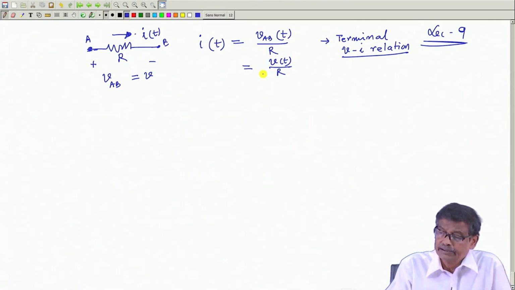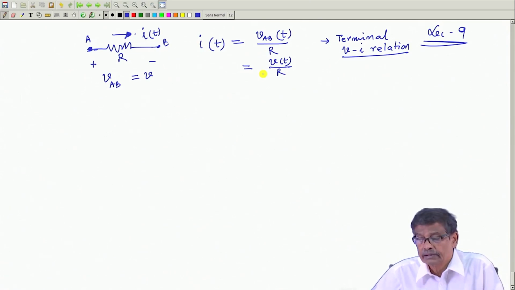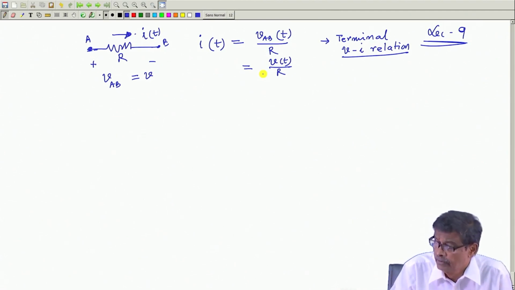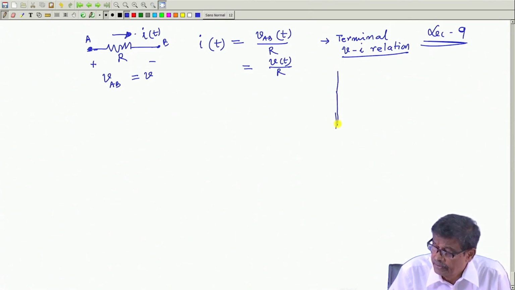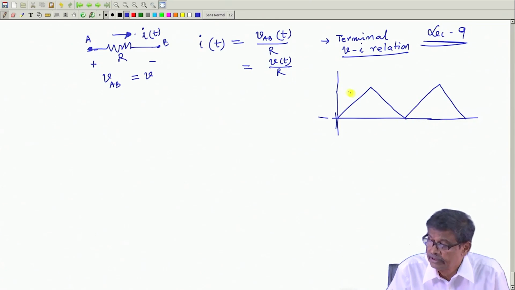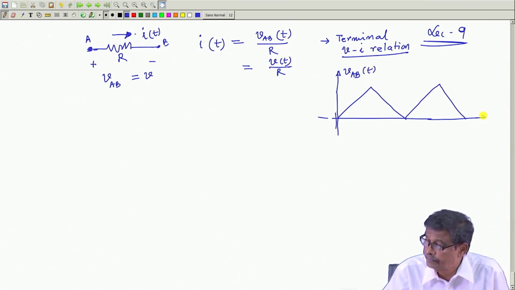Now, obviously, this v(t), the applied voltage across the resistance, could be any function of time, no restriction. For example, VAB could be this shape, this is my VAB, and this is my time axis.